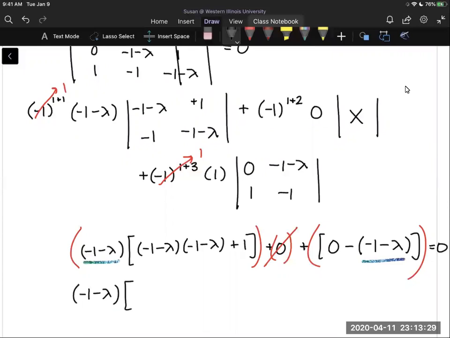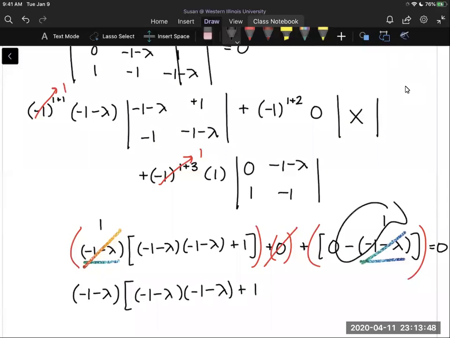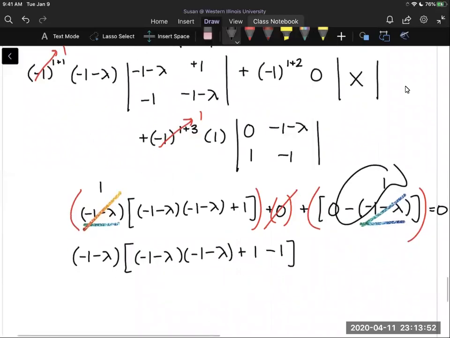So let me basically cross out what I have factored out, and of course, those become 1s. And so what I'm left with is a -1 minus lambda times a -1 minus lambda plus 1. And then remember, I have this -1 here on the end, so -1. And holy buckets, that's going to simplify right away.